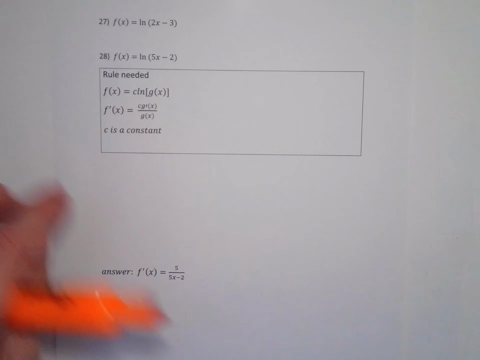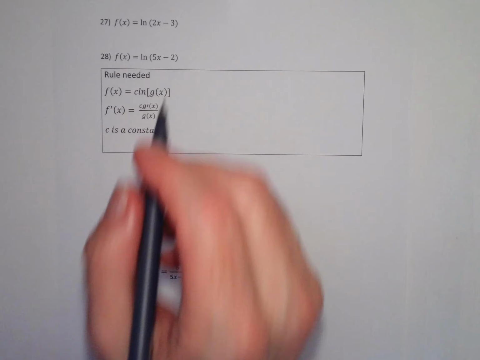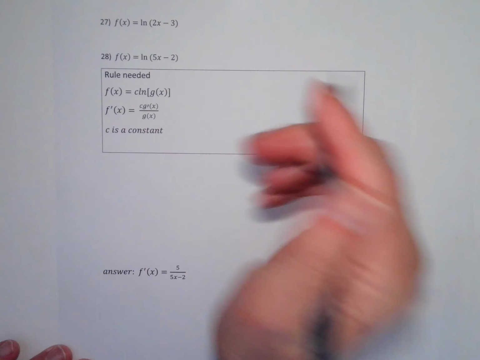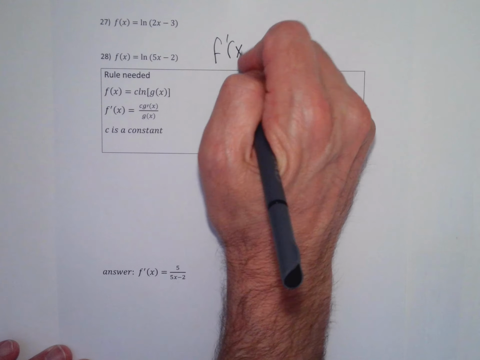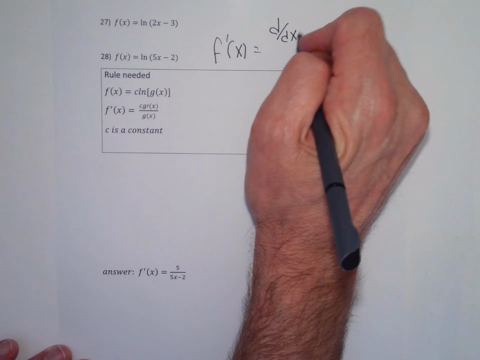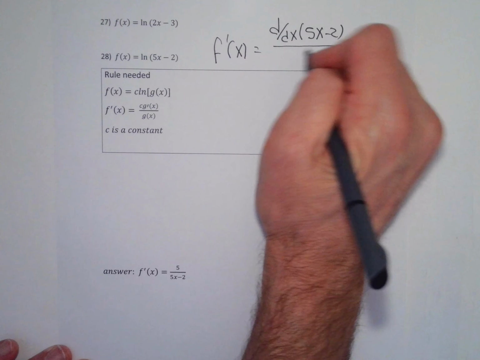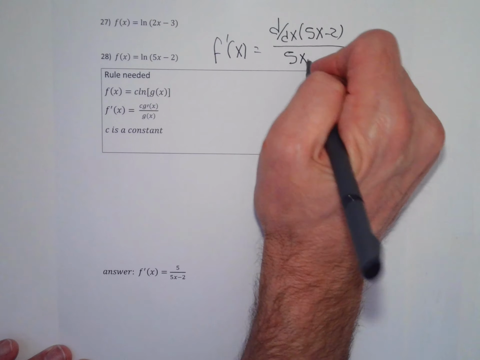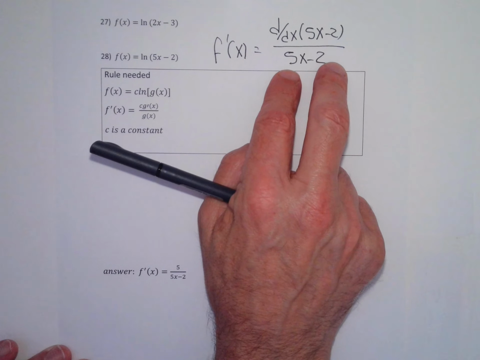Once I start seeing adding or subtracting in the argument, the derivative's not going to reduce. So for 28, the coefficient is 1, don't need to worry about it. The derivative is the derivative of the argument in the numerator of the fraction divided by the argument in the denominator of the fraction. Once there's a plus or minus in the denominator, you can only cancel with an identical factor.